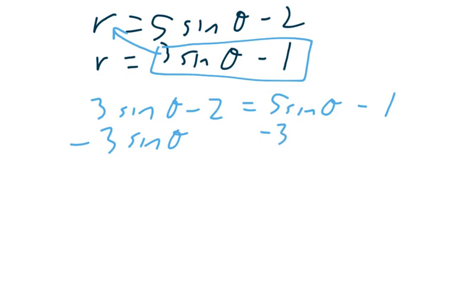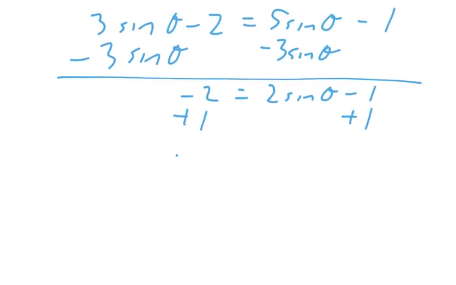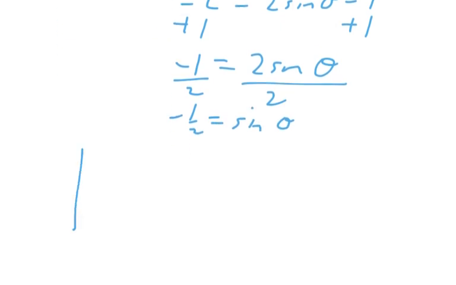I'm going to get all of the sine thetas onto the same side, and I'm going to get the numbers to the other side. And since there's a 2 in front of the sine theta, I'm going to divide both sides by 2. So I wind up with negative 1/2 equals the sine of theta.